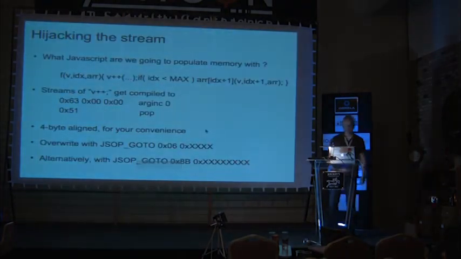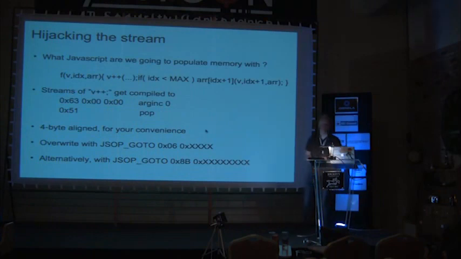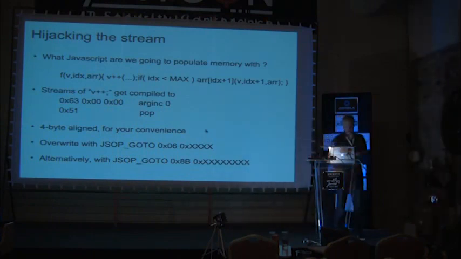Okay, now what JavaScript functions do we want to spam into memory? We want to spam JavaScript functions into memory that we can easily turn into a goto. The important thing is that whatever code we're spamming needs to create double-word aligned repetitive patterns of JavaScript bytecode. The easiest way to do this is to have many V++ JavaScript instructions, which means increment an argument.